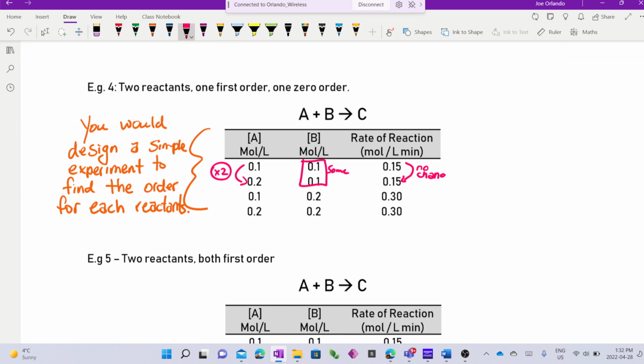Okay, so let's go with that. So that means the reaction is what order with regard to A? It is 0 order for the concentration of A. As we change the concentration of A, the reaction doesn't change.